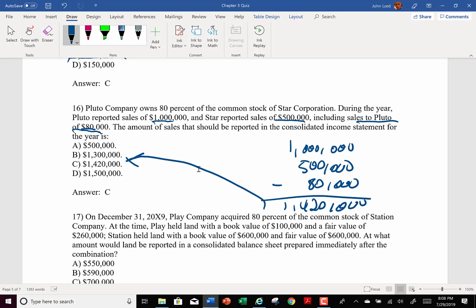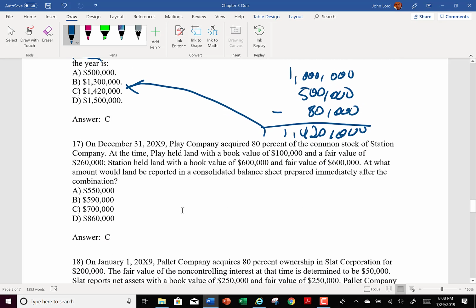Okay. Let's look at this next one. On December 31st, 2009, Play Company acquired 80% of the common stock of Station Company. At that time, Play held land with a book value of $100,000 and a fair value of $260,000. Station held land with a book value of $600,000 and a fair value of $600,000.